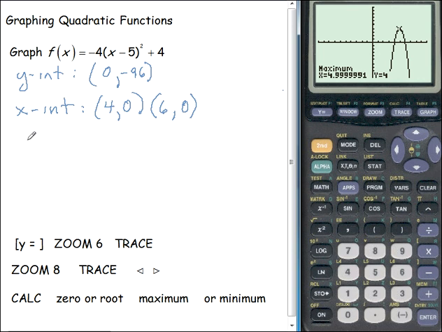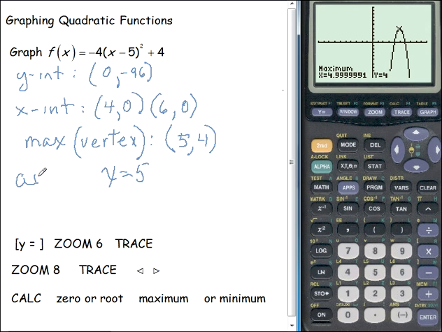So the maximum, or the vertex, of the parabola is the point (5, 4). And hence the axis of symmetry is x equals 5. I'll just call that the axis.